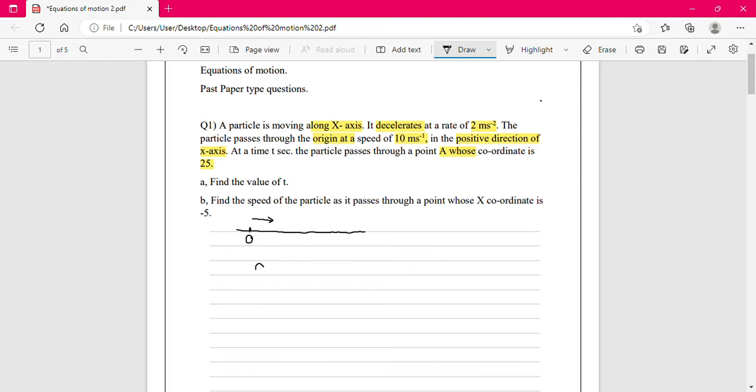That means the acceleration is given to you as negative 2 meters per second square. The particle passes the origin with a speed of 10 meters per second. That means obviously this is the initial speed or initial velocity of the particle.